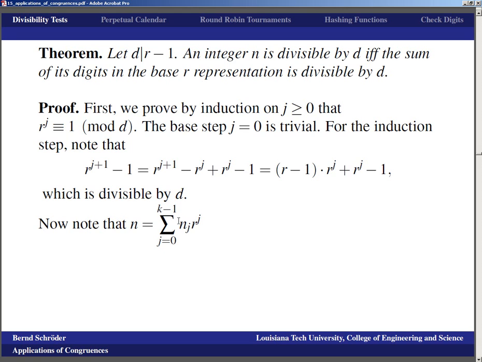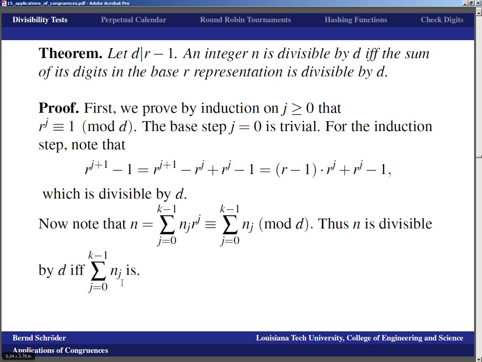And that means that if we write our number in the base r representation, then that is equivalent modulo d to the sum of the digits in the base r representation, and that means n is divisible by d if and only if the sum of its digits is.